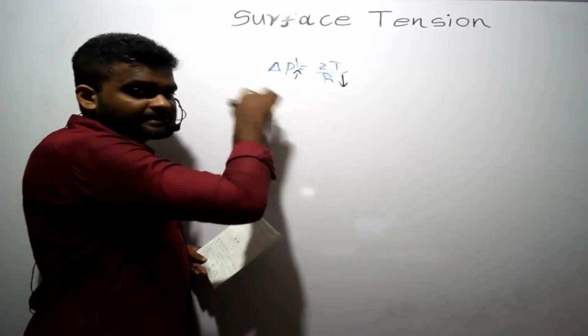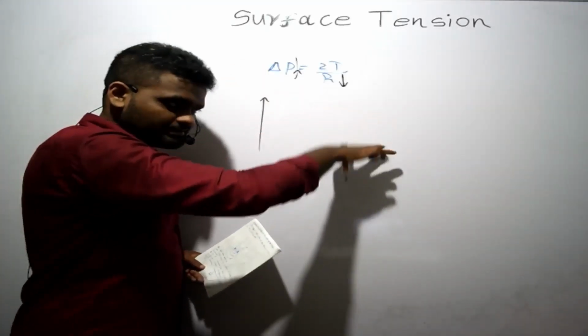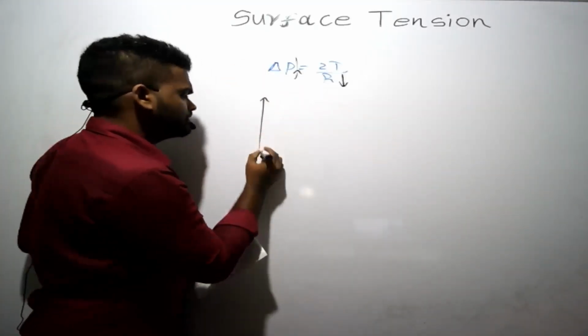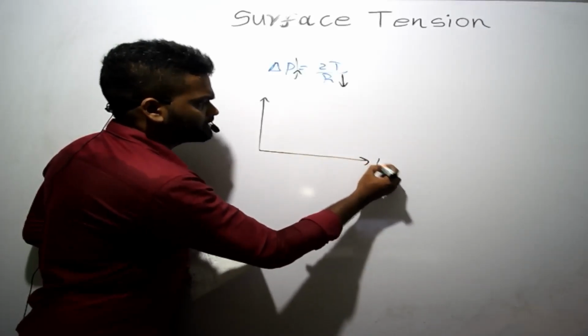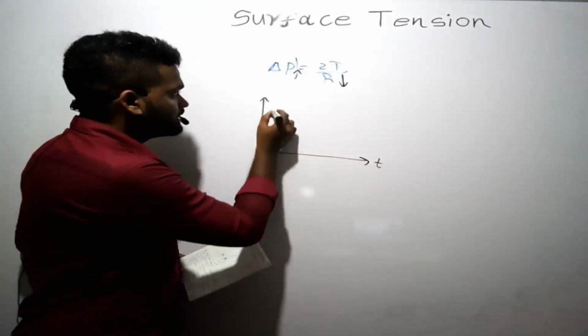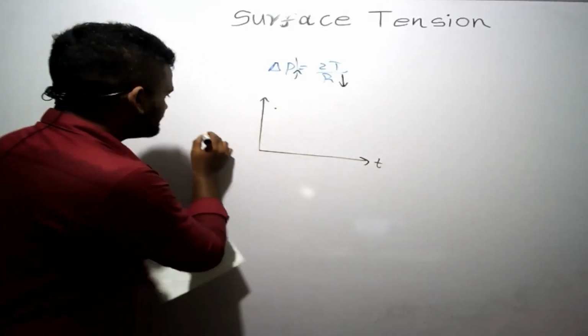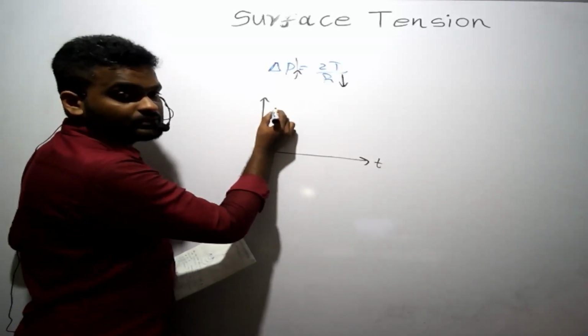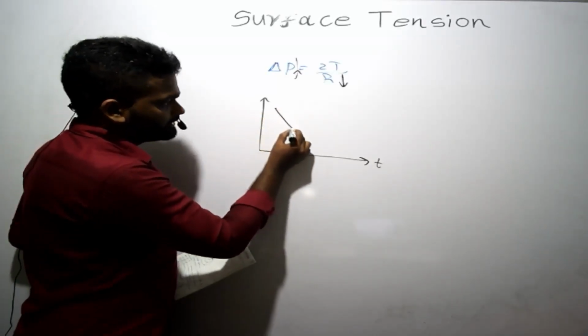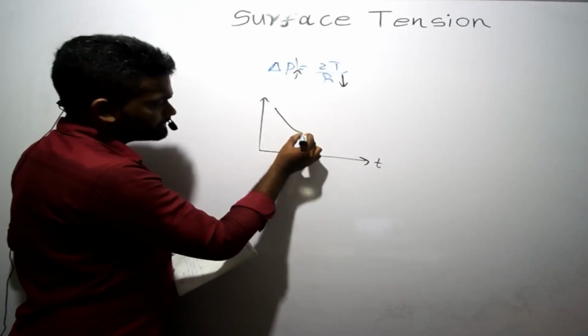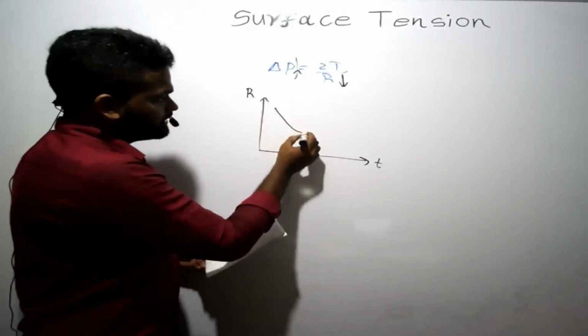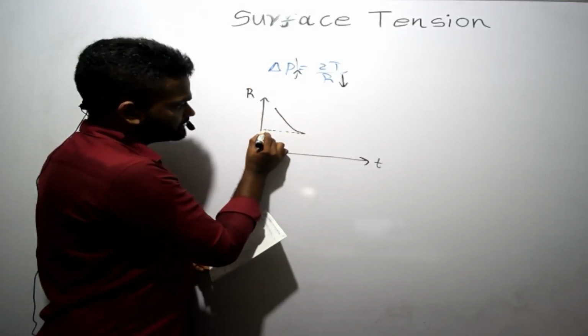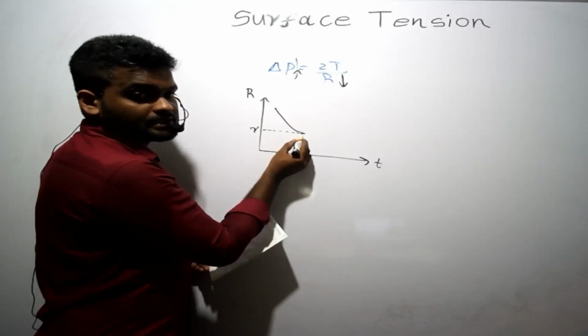So according to that, as the bubble inflates, what happened to the radius? Remember, with time, initially it had a higher value, right? Then it comes to the lowest. That is the internal radius, simple R.